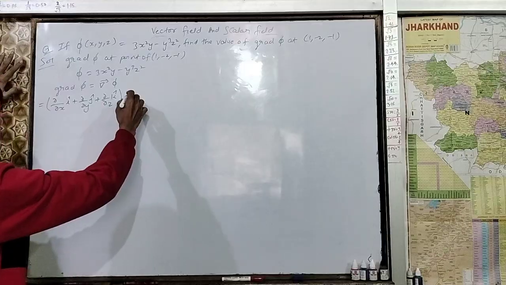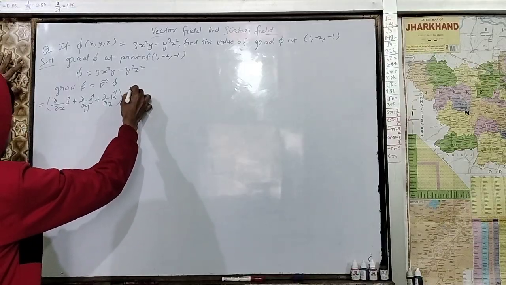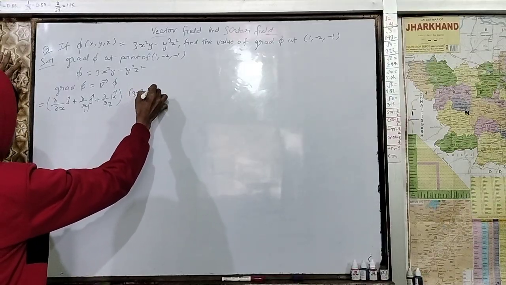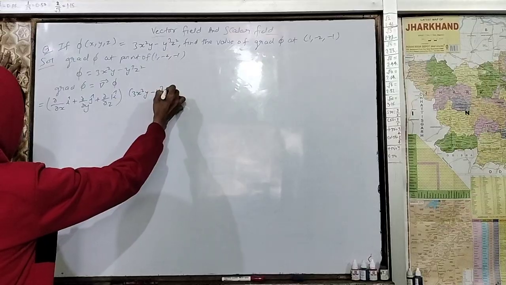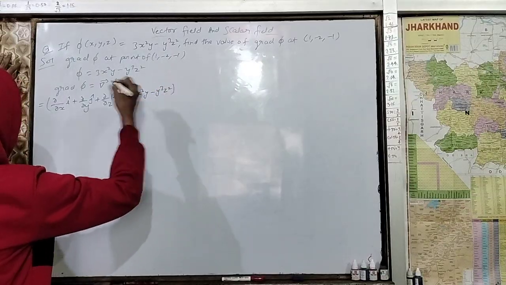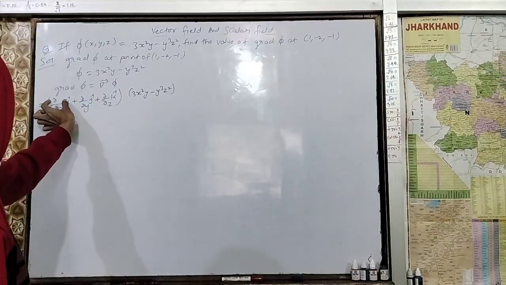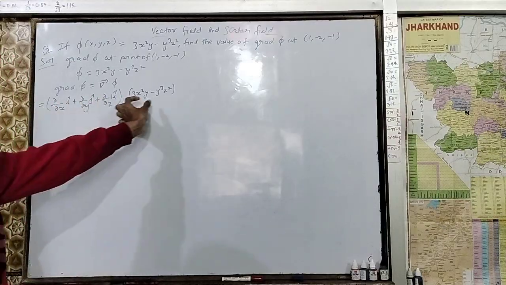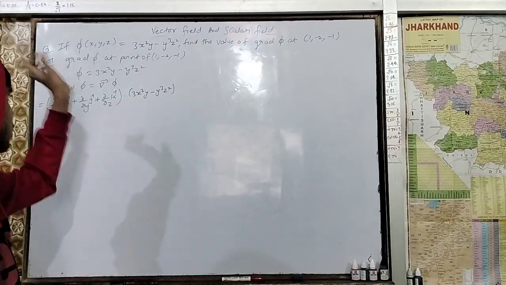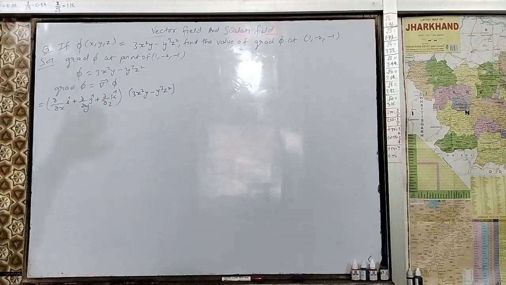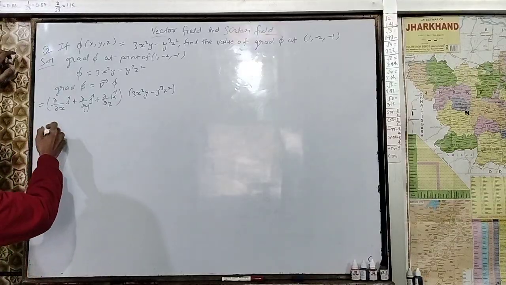The value of phi is 3x square y minus y cube z square. Just substitute this in the first term, this in the second term, this in the third term.